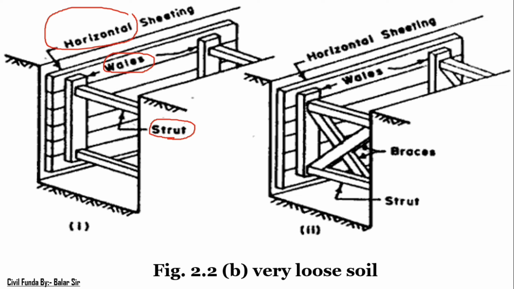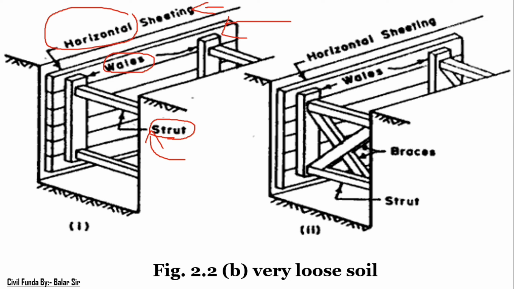Clear? So again I go through the installation process. First we install the horizontal sheet, then fix it with the wale, and after that fix it with the strut. Because of that I complete my entire process.